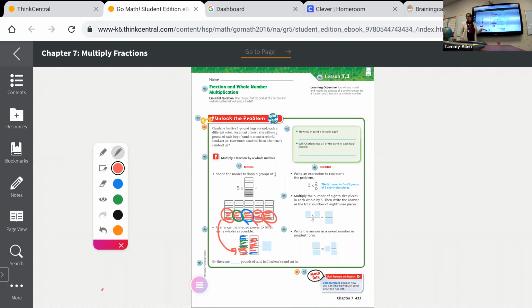So when you have to do it on paper and pencil, that's what it looks like. But I'm letting you use your manipulatives on your Chromebook. Same concept, it's just you have to use paper and pencil. You can't use your finger and click and drag things over. Okay?